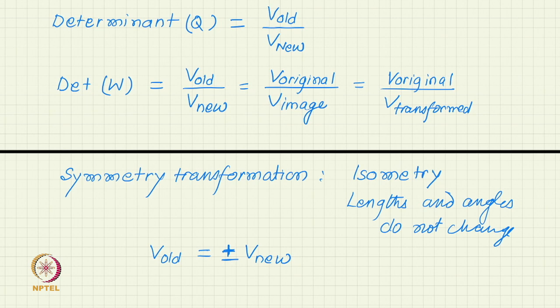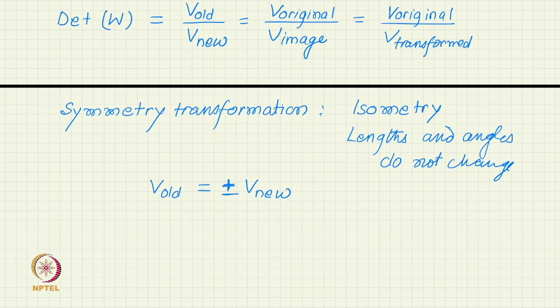So A dot B cross C, if it is positive for a right handed system, will become negative for a left handed system. That clearly shows us that determinant W, if it is a symmetry operation, has to be plus minus 1.